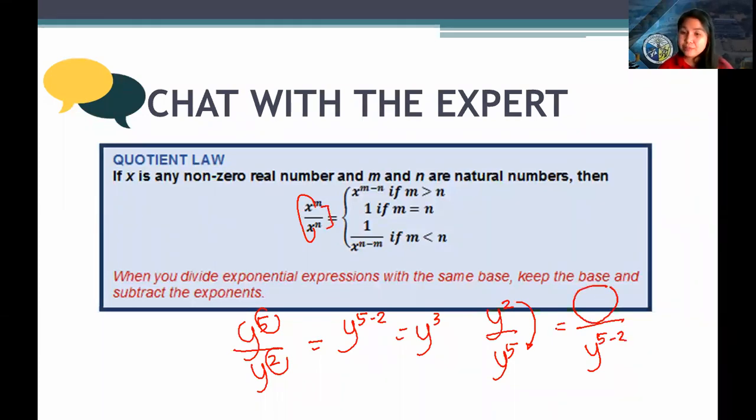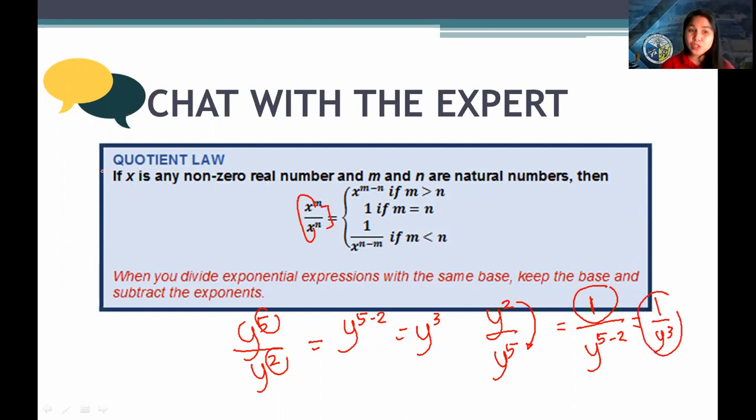Can you tell me? What will I place? I need to write 1. So it becomes 1 over y cubed.